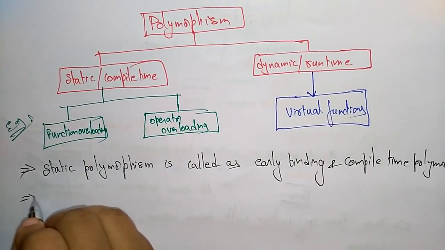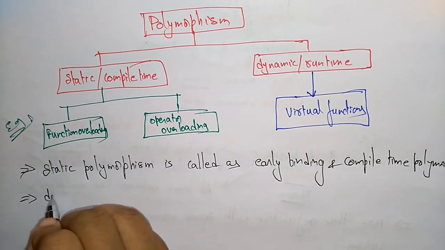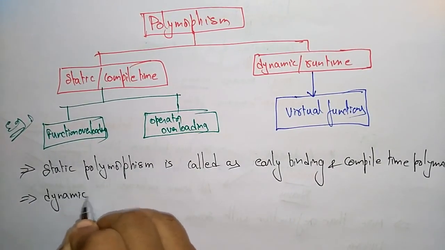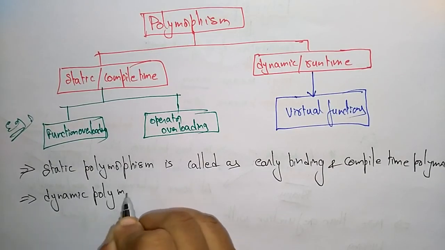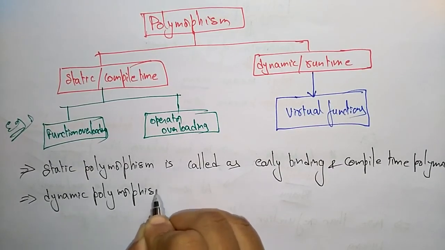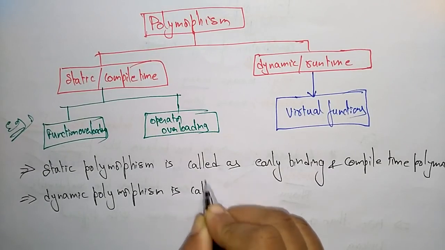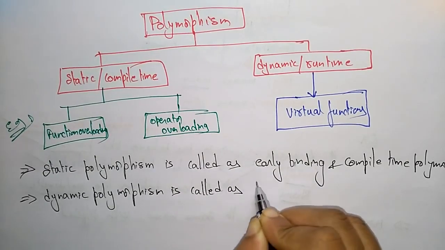Coming to dynamic, dynamic polymorphism is also called late binding.